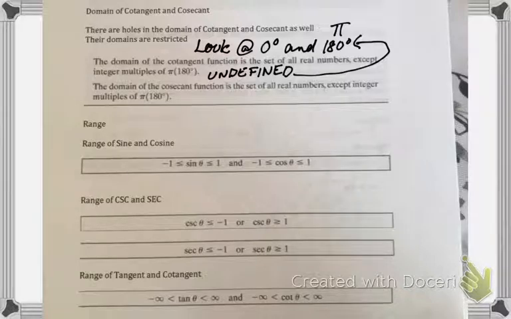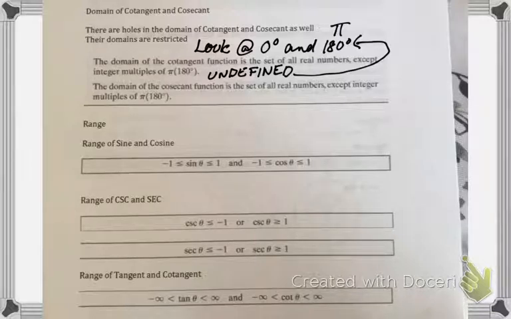The range of cosecant and secant, and by the way, this section will totally make much more sense in 7.6. Cosecant and secant, what happens is they start at -1 and go down towards -infinity, and they start at +1 and go up towards +infinity. And the reason for this is they are reciprocals of sine and cosine. So I'll show you why that is soon.